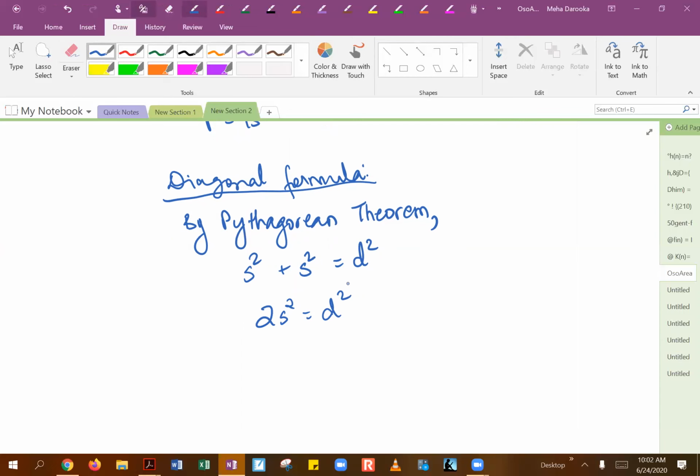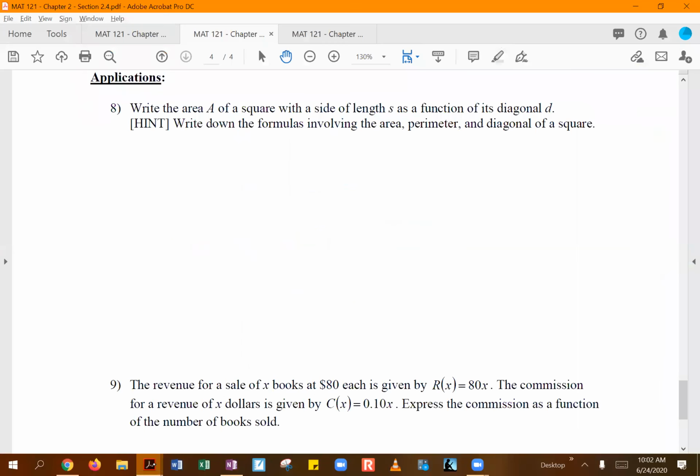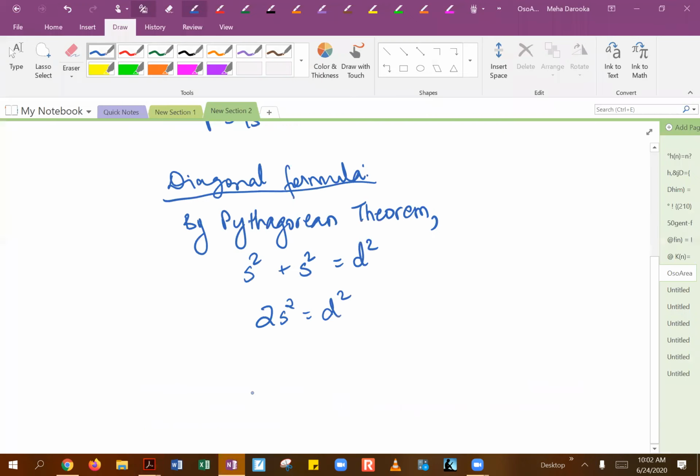Now, we're going to need to clean this up a little bit, but let's go back to our problem. They are saying, write the area of the square as a function of its diagonal, where the side of the square is the length S. So they're basically asking us to write the area as a function of the diagonal.